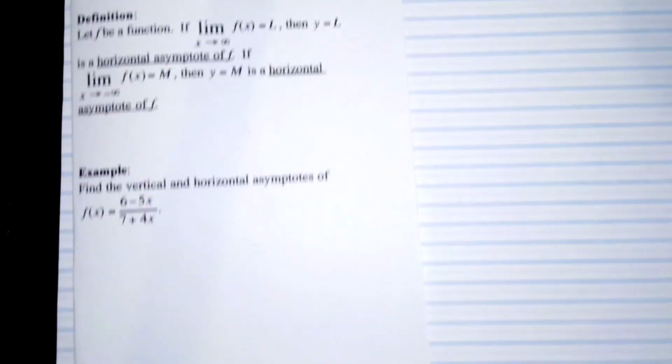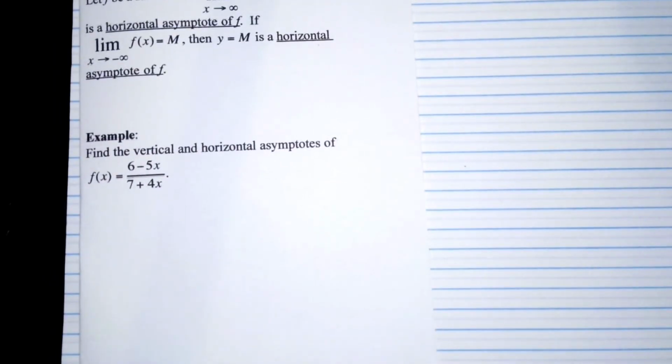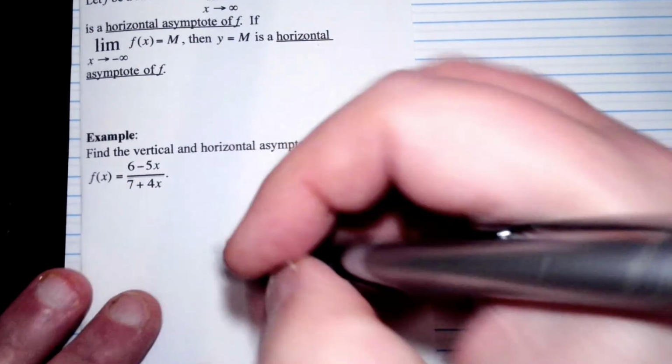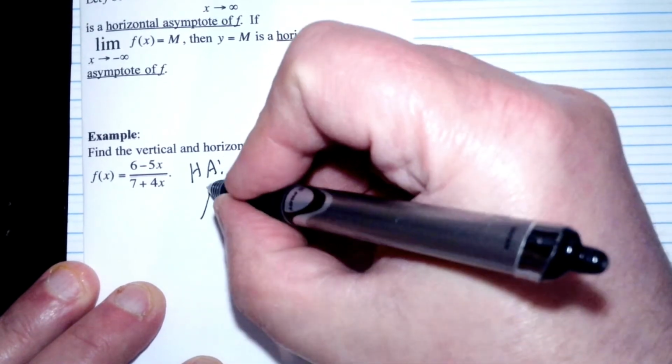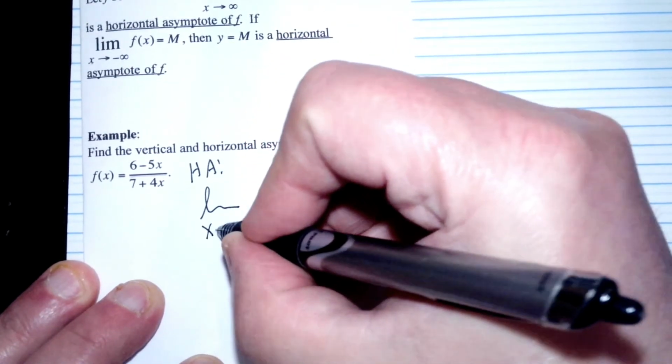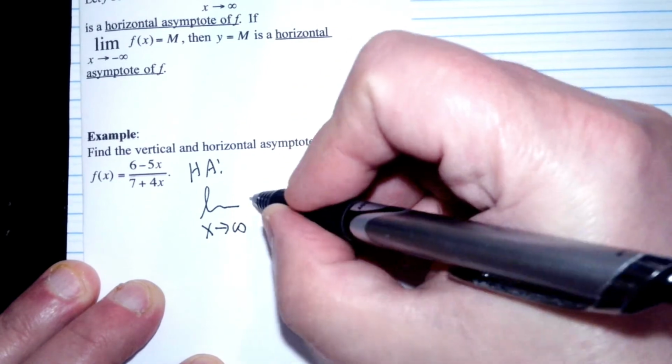Let's have a look at this example. Find the vertical and horizontal asymptotes of f of x equals 6 minus 5x divided by the quantity 7 plus 4x. Alright, so we've just talked about horizontal asymptotes. Let's do those first. To find the horizontal asymptotes, remember that what we do is we take the limit as x tends to infinity of the function.